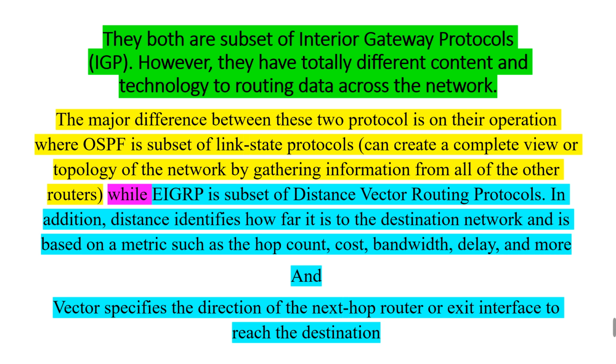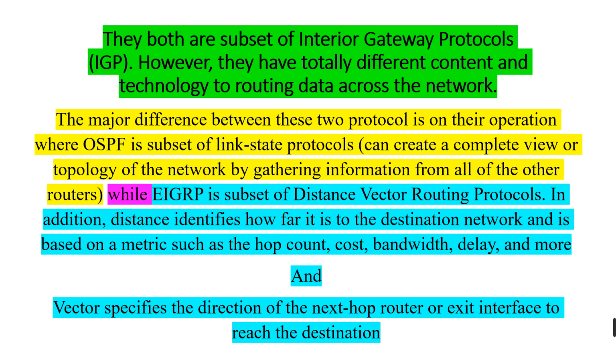The major difference between these two protocols is their operation, where OSPF is a subset of the link state protocols, and this means it can create a complete view or topology of the network by gathering information from all of the other routers, while EIGRP is a subset of the distance vector routing protocols.